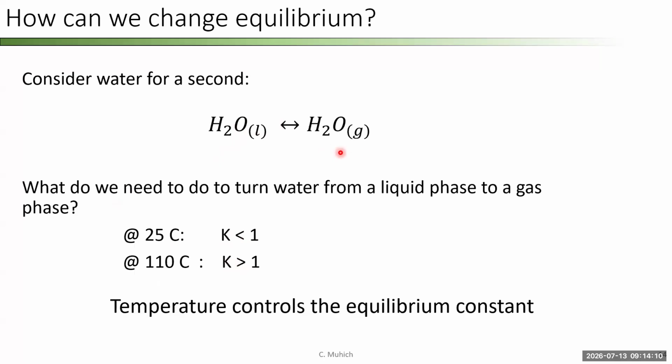It wants to be a gas. So we can see that temperature is going to control that equilibrium constant. As we change temperature, these Ks are going to change. So temperature is going to be our method of altering these Ks and therefore altering how we can partition or what species are present.